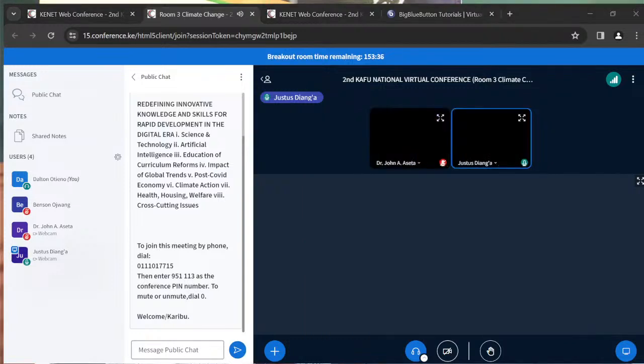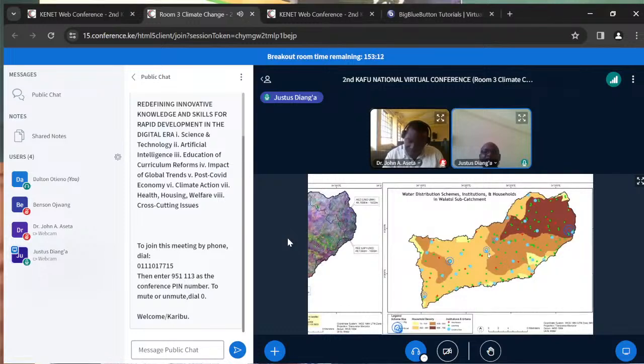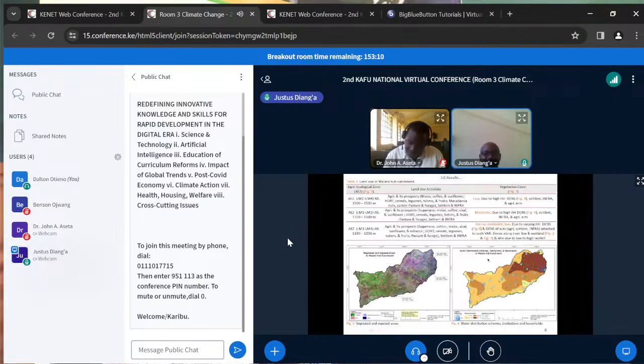The big scheme is here towards Kandui supply because of the density here, and also the distribution of demand in the government is influenced by the presence of institutions, learning institutions, household density, healthcare, all the other demands that are available in the catchment. Where they are concentrated, there's more water demand.